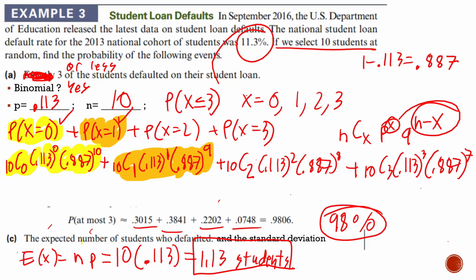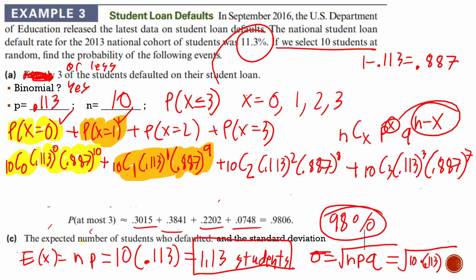And then the standard deviation formula, I just gave it to you. What's the square root of? You remember this. I just gave this to you in the last slide. So that would be 10 times P, which is 0.113. Oh boy, it's going to have to fit in there.